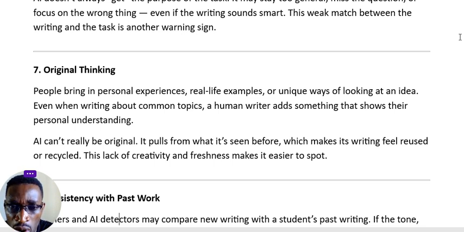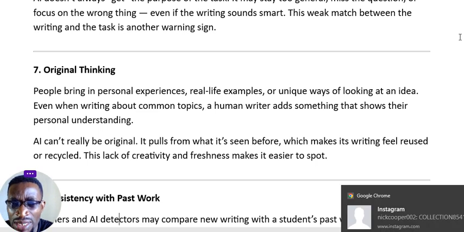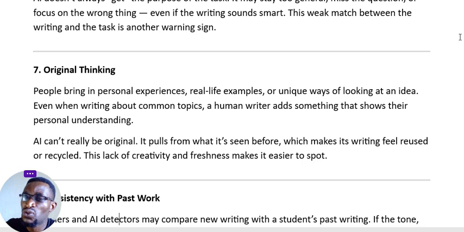It pulls from what it sees online, which makes its writing recycled writing. This lacks creativity and freshness. So most times it tries to look out for similar ideas and use them for you. Those similar ideas may have been used over and over again.